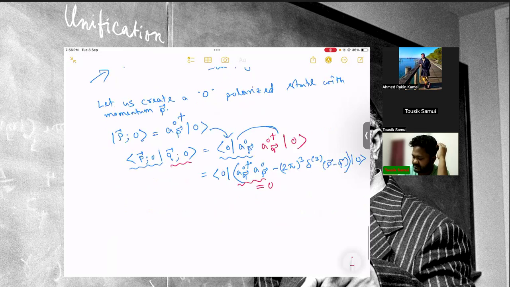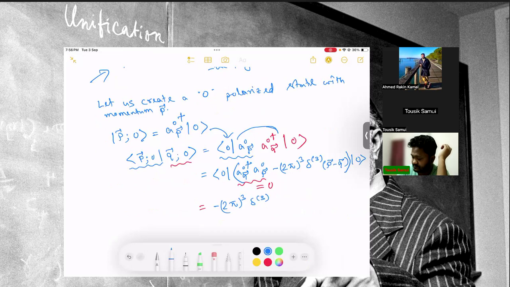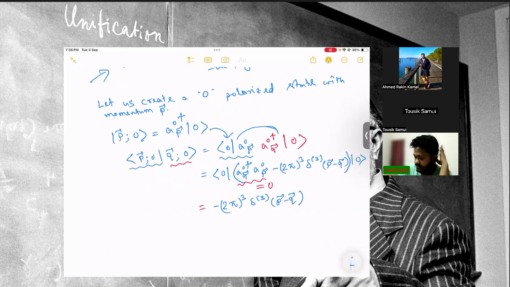But the second term gives us a negative. So this gives us a negative norm state. If p and q are the same, then we get a terrible negative sign. So even with the same state, we are getting the norm of the state to be negative, which is not a desirable thing. So we have to cure this.